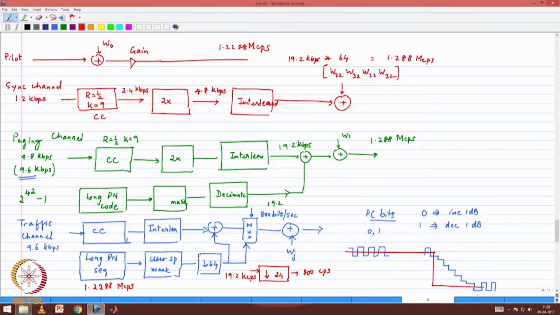Now, this is CDMA 2000, and any CDMA system more or less will have similar types of information. It must have a way for you to estimate the channel, either a pilot channel or pilot symbols. It must have a paging channel. It must have the traffic channels.